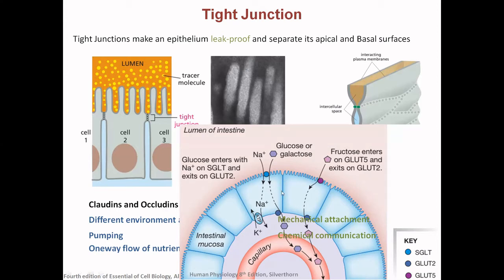But tight junctions are preventing the lateral movement of the lipids and the proteins found on the plasma membrane across it. And because of these characters of this tight junction of preventing the lateral movement of the lipids and the proteins on the plasma membrane, it gives the polarity to the epithelial cells.